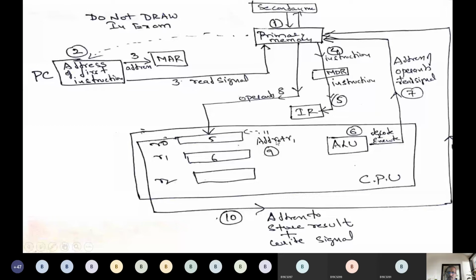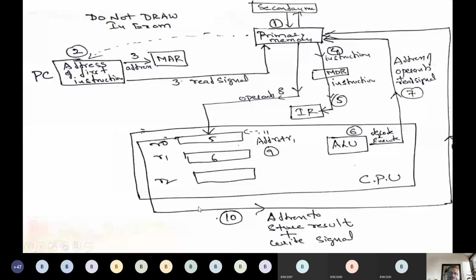Now if the ALU wants to write this 11 into the primary memory, we have this 10th step. Let me repeat: whatever result, 5 plus 6, 11, we have in R0, if it needs to be stored in primary memory, what to do? We need to send what type of signal? It's a write signal, because 11 needs to be written into primary memory.